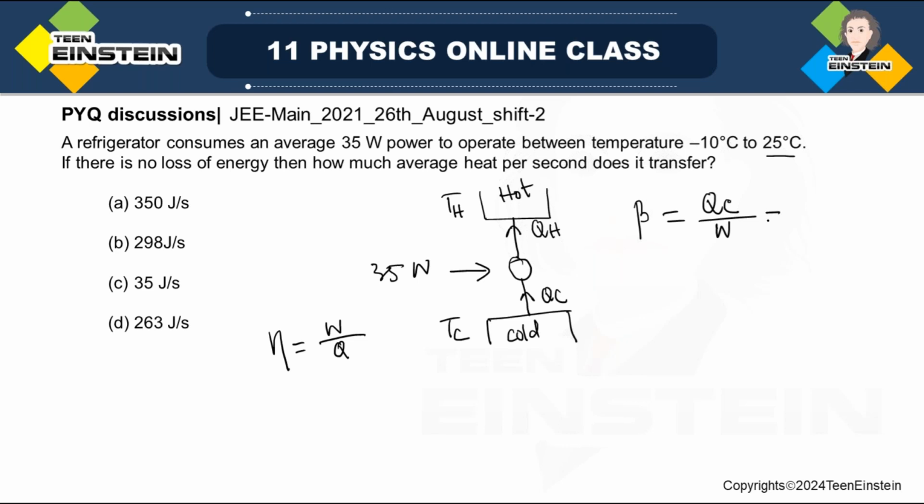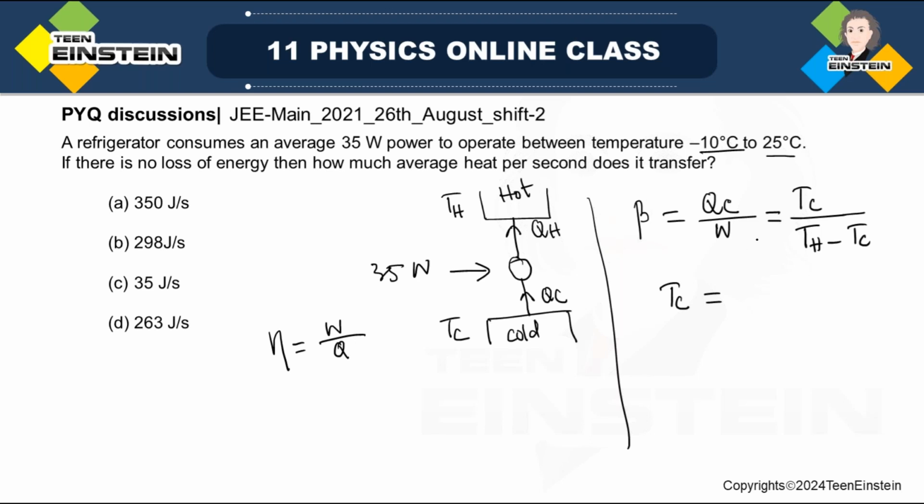For that, it can also be written in terms of temperature, Tc by Th minus Tc. So Tc is the temperature of the cold reservoir in Kelvin unit.